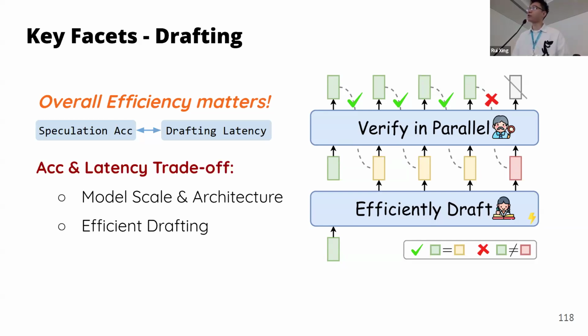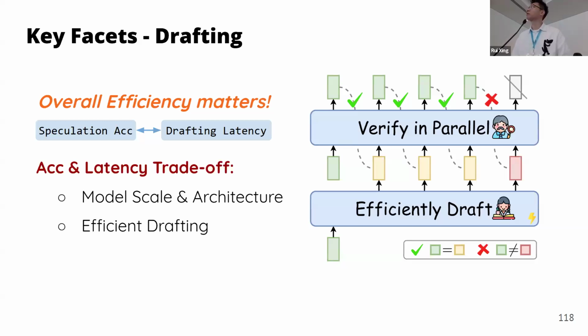However, we should consider the drafting latency. Typically, if we want higher speculation accuracy, we need a stronger draft model, so the drafting latency will be higher. For example, we increase the draft model size, we add more parameters, and we conduct a more complex drafting process.